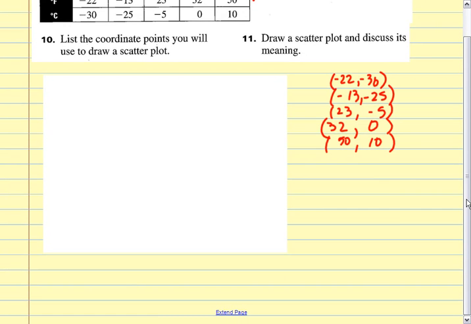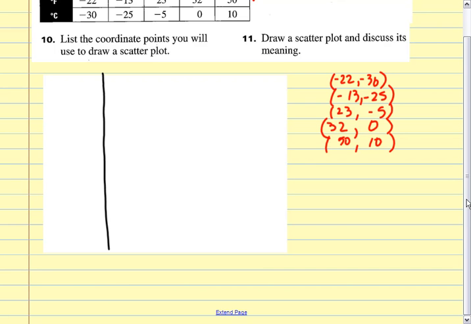Well, my biggest x is 50 and my smallest x is negative 22. So let's see. My smallest y is negative 30 and my biggest y is 10.